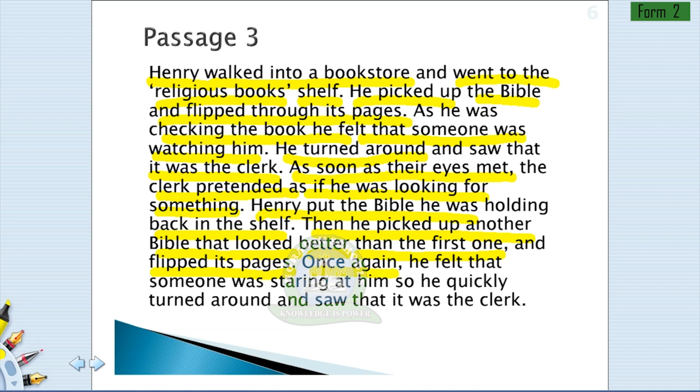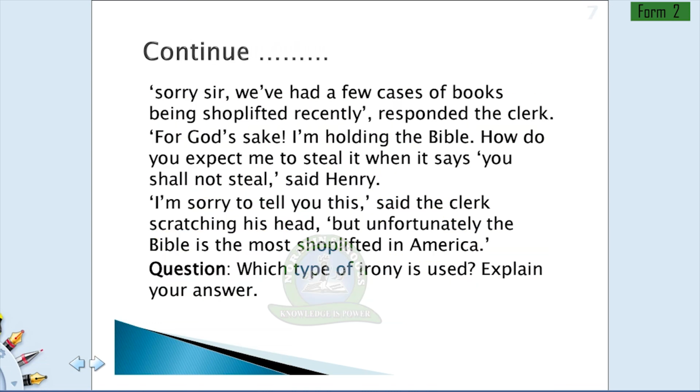Once again, he felt that someone was staring at him, looking very seriously. So he quickly turned around, and saw that it was the clerk again. What's going on here? What's the problem? Let's continue. Let us see the mystery.